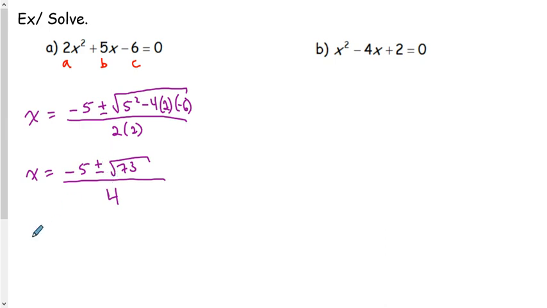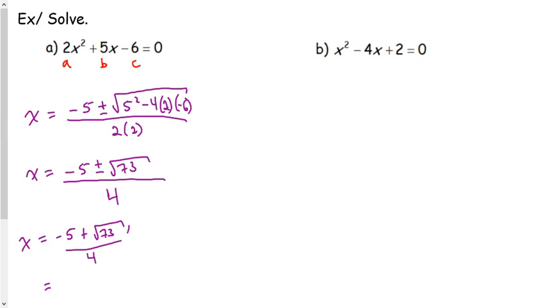Let's try our first one with the plus value. So I'm going to say x is going to be equal to negative 5 plus square root of 73 over 4. Now, of course, I have to do everything on the top before I can divide, right? Because this is kind of treated as if there's brackets here.